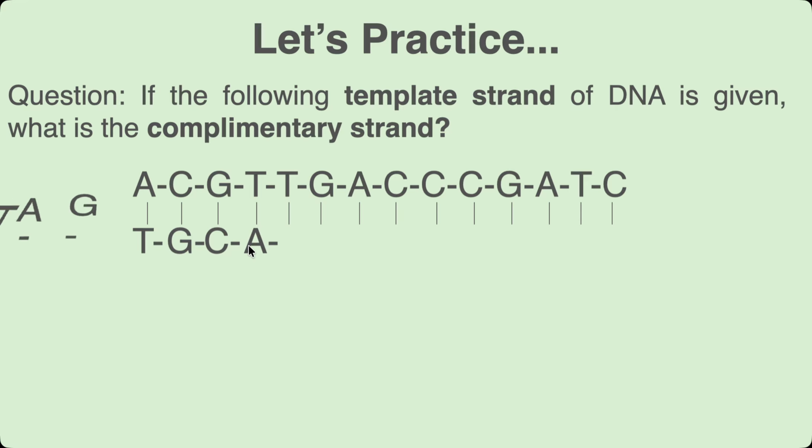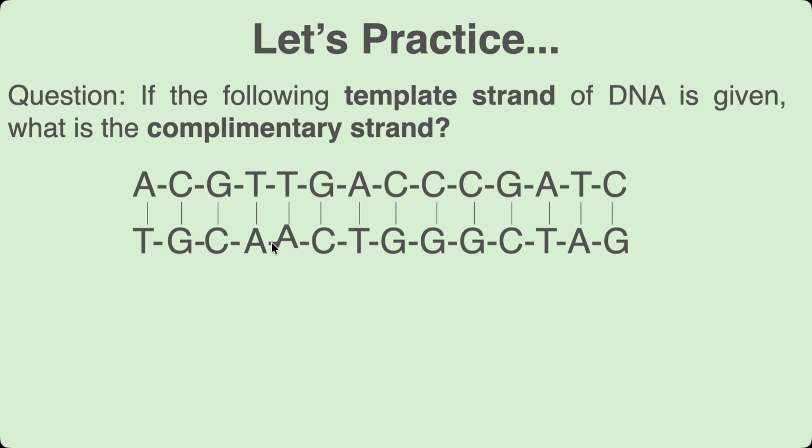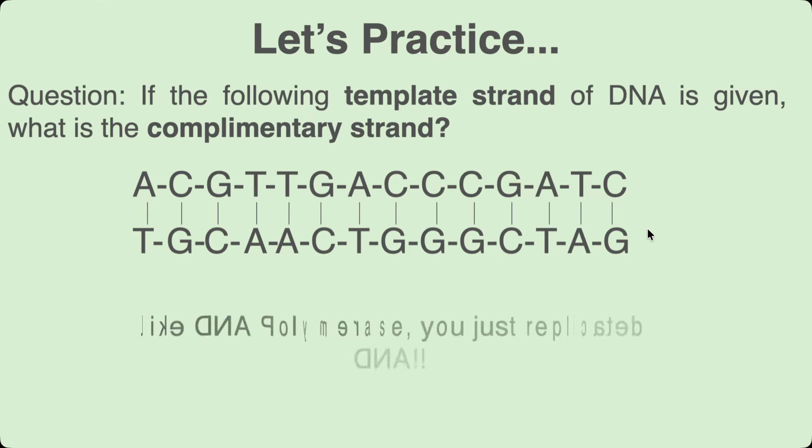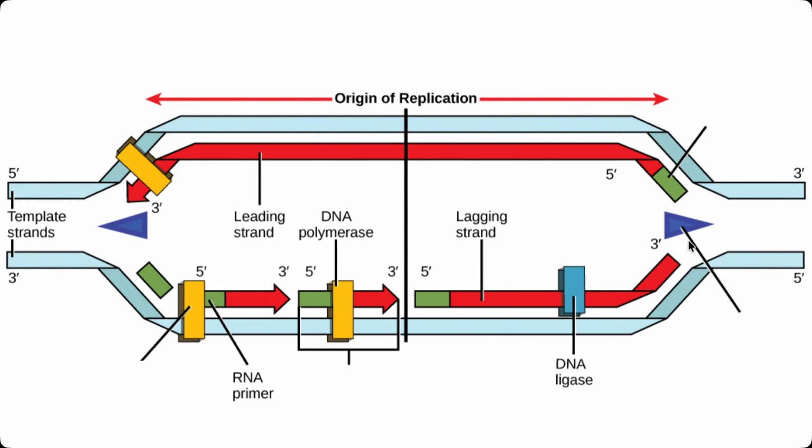So you just work your way through A, C, T, G, G, etc. And so just like DNA polymerase, you just replicated DNA. Now, if you were doing this completely backwards, with your hand tied behind your back, you'd be doing it the Okazaki fragment way, making little segments as you go. But you get the idea. Again, if you have any particular questions, please make sure to let me know.